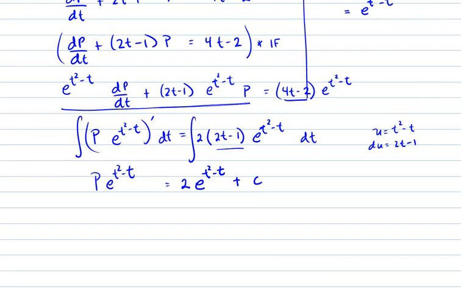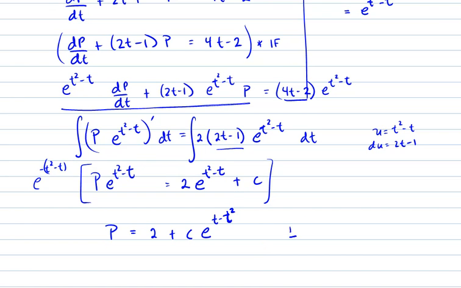Finally, we're going to solve for p, and for that we'll multiply times e to the minus (t squared minus t), and we get p equals 2 plus c e to the (t minus t squared), where I just distribute the minus sign.